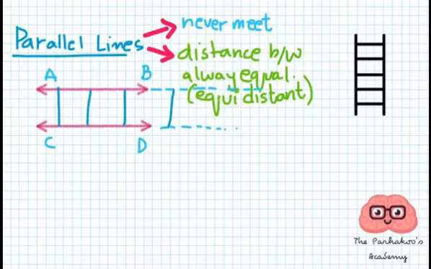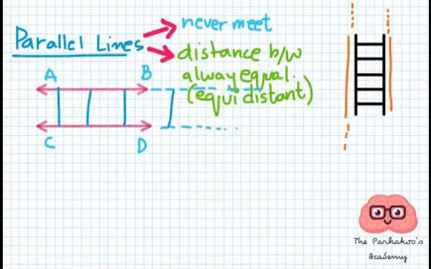The real life example of the parallel lines can be the ladder. If you see these long members of the ladder, they are parallel. That means no matter how long you extend them, they would never meet together. The other example could be that of the railroad. So now I hope that you have understood the concept of the parallel lines.